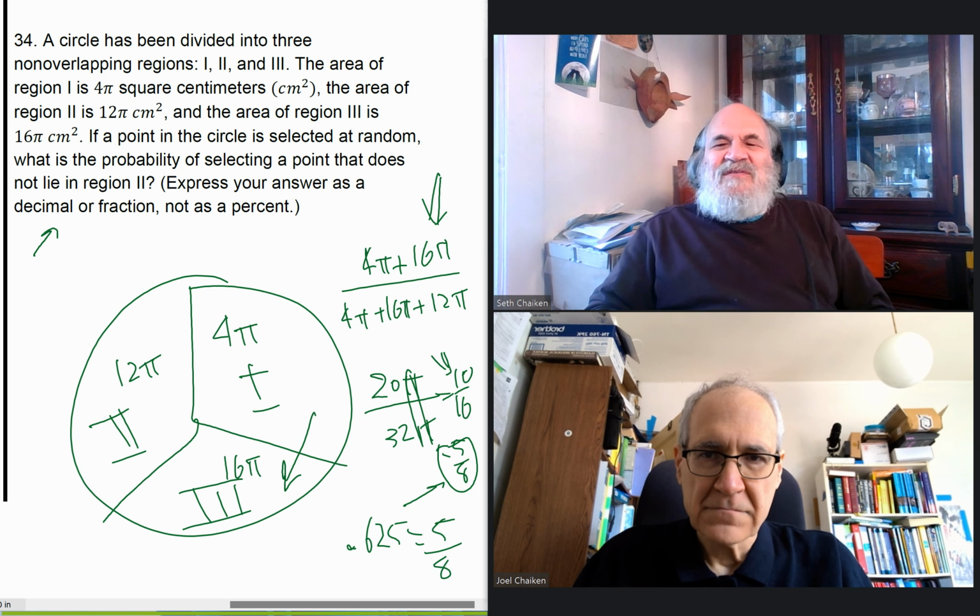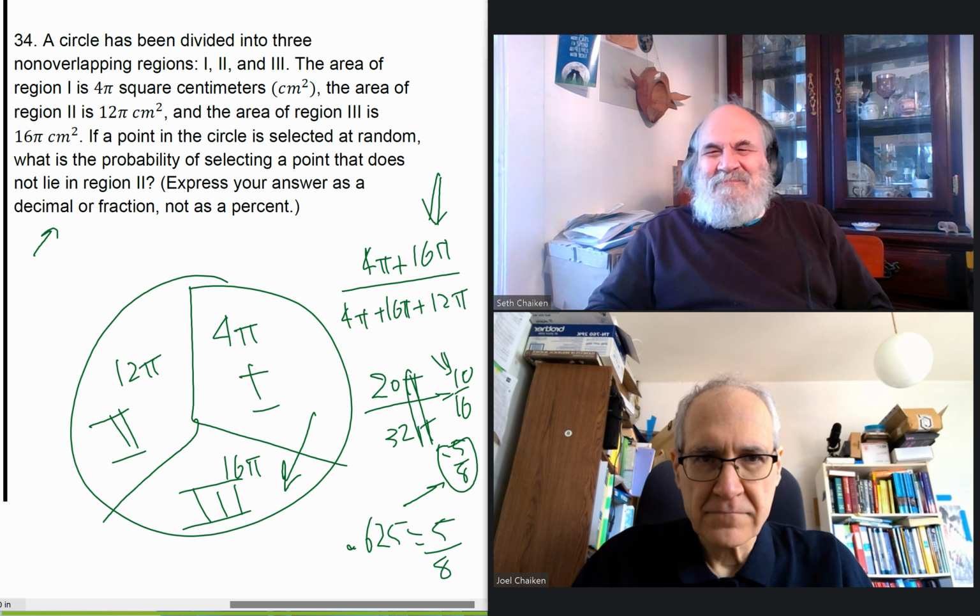So the assumption is that all points in the circle have equal probability of being picked. Now, there are subtle measure theoretic issues. There are an infinite number of points in the circle, and so the probability of picking any one of them is 0.